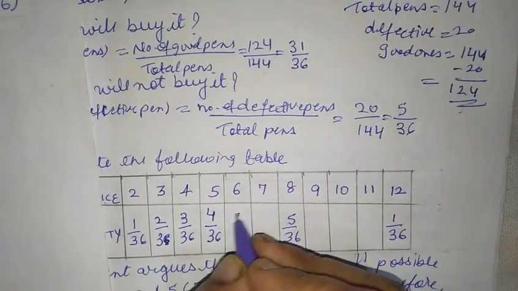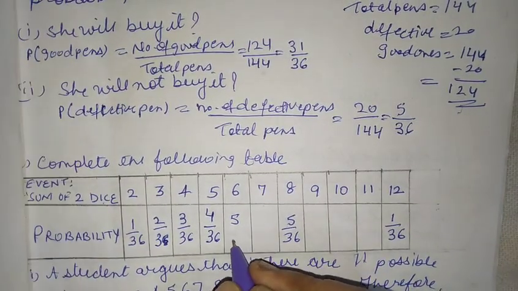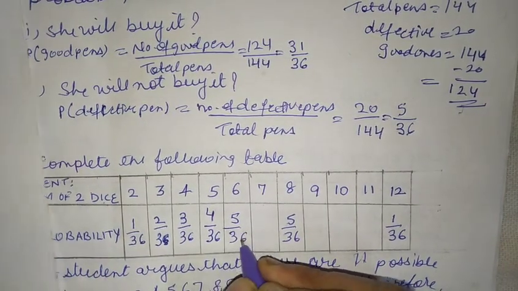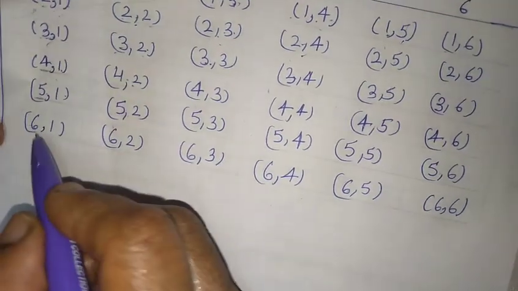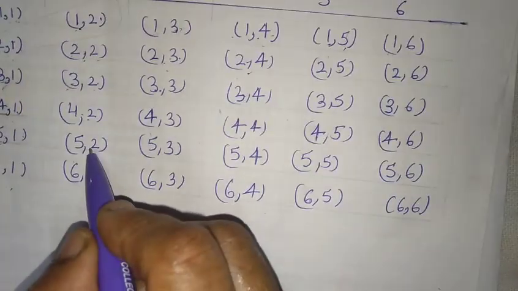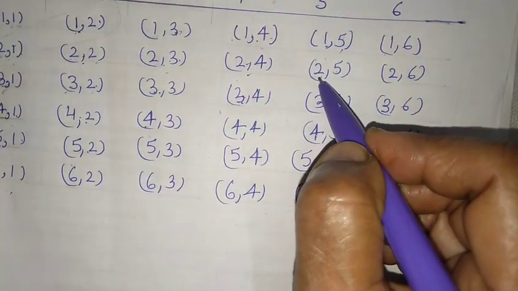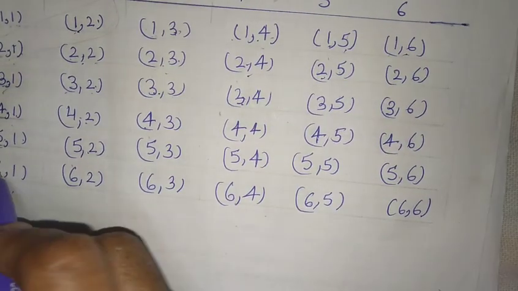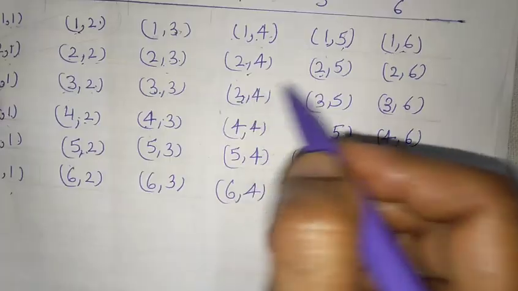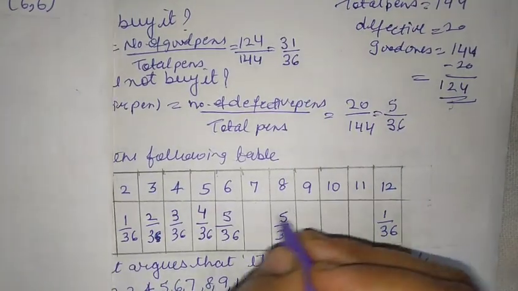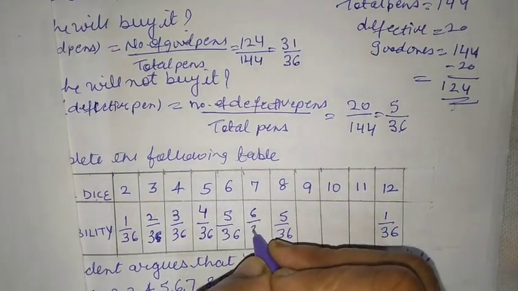That will be 5 by 36 here. And the probability that the sum is 7 is 6 and 1, 5 and 2, 4 and 3, 3 and 4, 2 and 5, and 1 and 6. That is 1, 2, 3, 4, 5, 6. It will be 6 by 36.